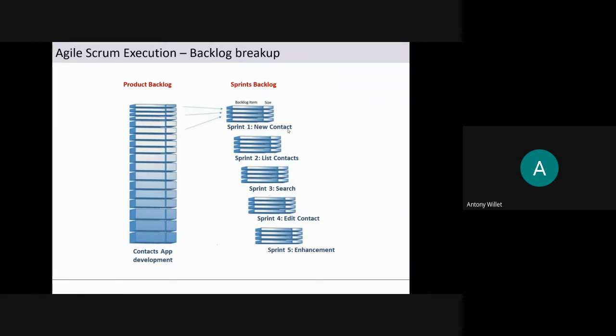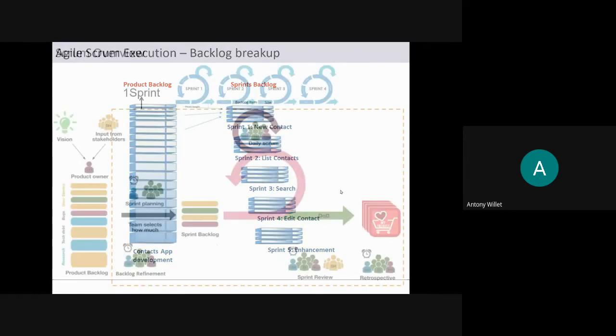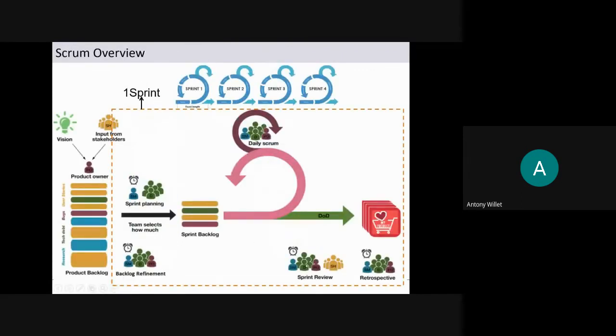One screen where the user can click and go to a screen with edit boxes and combo boxes to create a new contact. The team will show a demo of the new contact at the end of the first sprint to the customer, or to the internal or external customer. Okay. That demo meeting is called a sprint review.